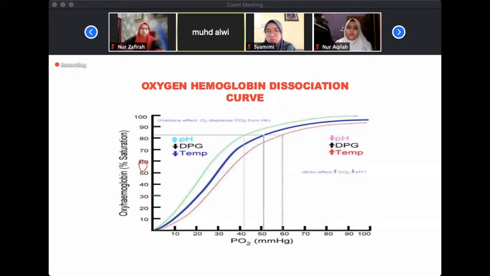But if person A's hemoglobin is 15, for example, chances are more of this hemoglobin, because there's only 60 millimeters of mercury of oxygen, will be deoxygenated.